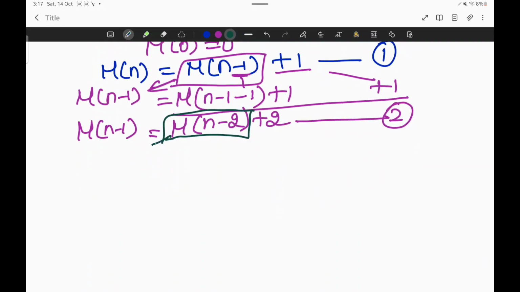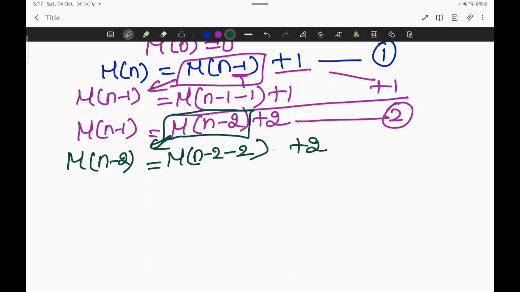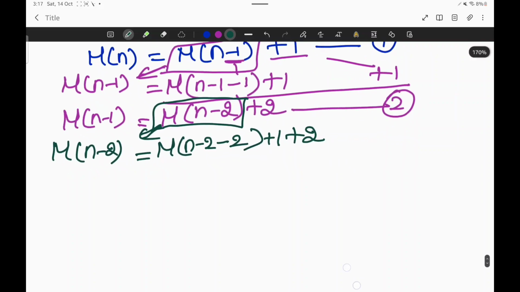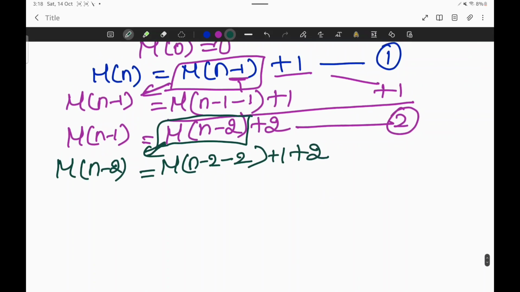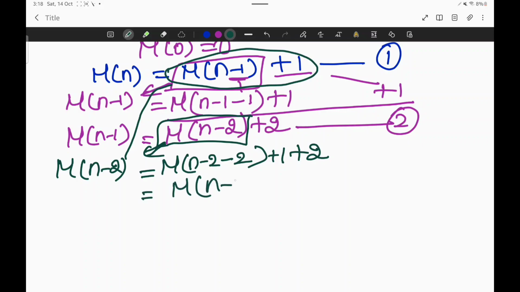Next we will find the value for M of n minus 2. In the first equation we need to apply n minus 2 instead of n, so n minus 2 minus 1 plus 1. Sorry, that is minus 1, that is not minus 2. So n minus 2 minus 1 plus 3.